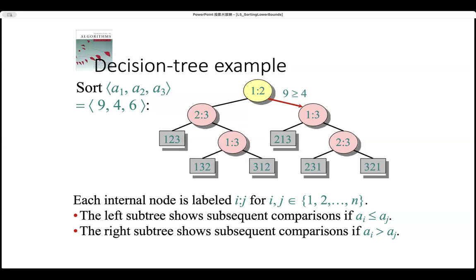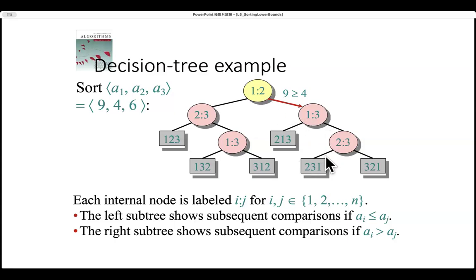So basically, you could see that this decision tree can be used to represent any comparison-based sorting algorithm. Remember, I just mentioned 9, 4, 6. When you start from the leaf node, you go up, you go up, you go up.